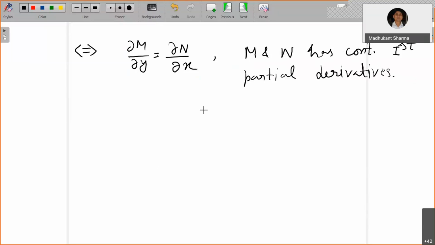This is the criterion you need to check to verify whether the given differential equation is exact or not.